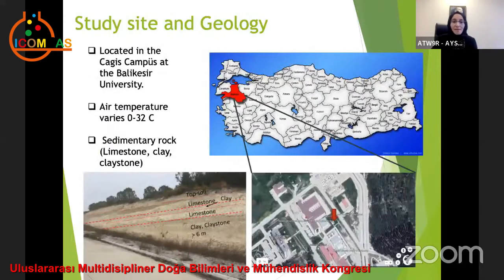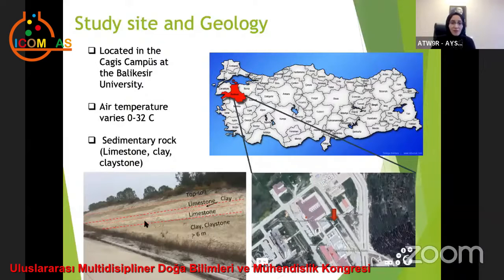And the study area, as I said, is located at the Balikesir campus. It is in the northwest of Turkey. It has a coastline on the Marmara Sea and the Aegean Sea. The air temperature is usually 0 to 32 Celsius degrees, and it has a Mediterranean climate.